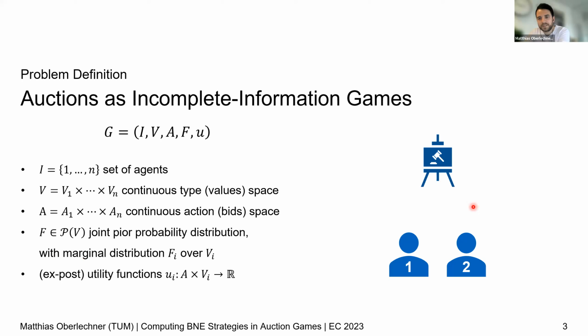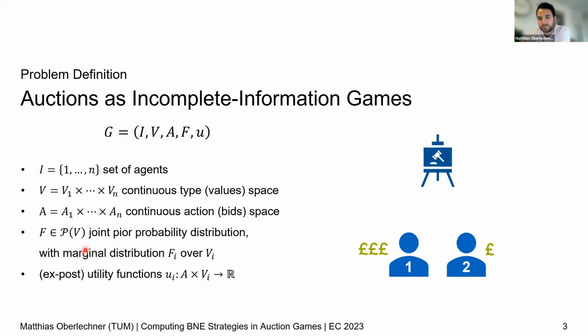So let's consider here a single item that we want to auction off in a, let's say, first price sealed bid auction. So we have here our set of agents I, so these 2 bidders who participate in this auction. And the way we model this is the following. So in the first step, agents observe their valuation for the item. And in our model, we draw some values from the valuation space according to the joint prior probability distribution.